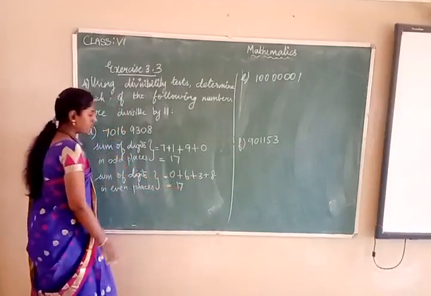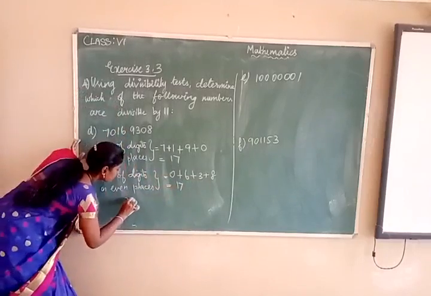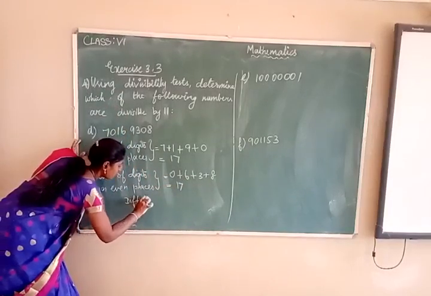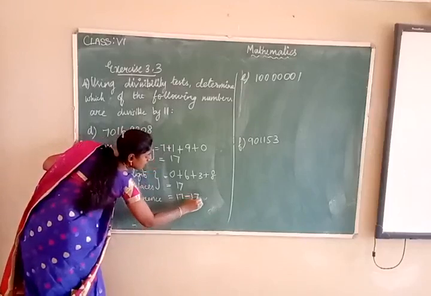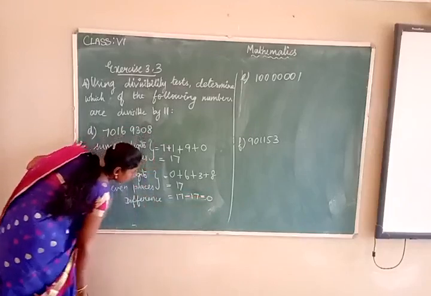So what is the difference? 17 minus 17 equal to 0.